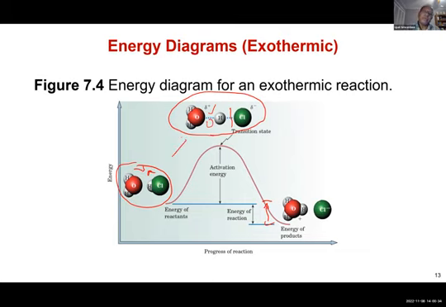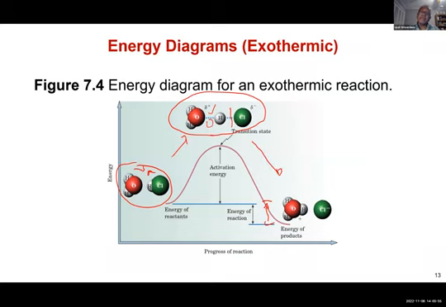It always goes through reactants to transition state. Transition state is the state where the reactants are interacting with each other, bonds are formed and broken.